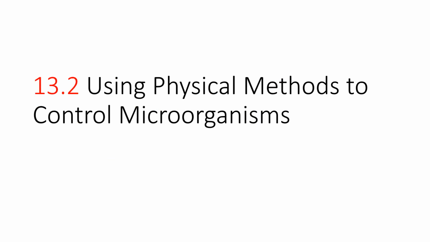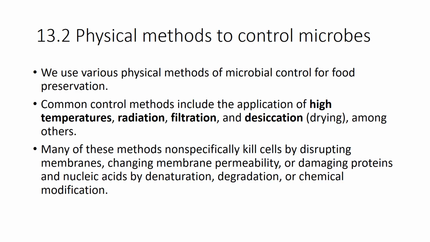So let's go on to the next section, 13.2, and we're going to describe the physical methods used to control microorganisms. Okay, there are going to be different physical methods. The common ones will include high temperature as well as low temperature. So temperature is big. Radiation, either with gamma rays or UV rays.